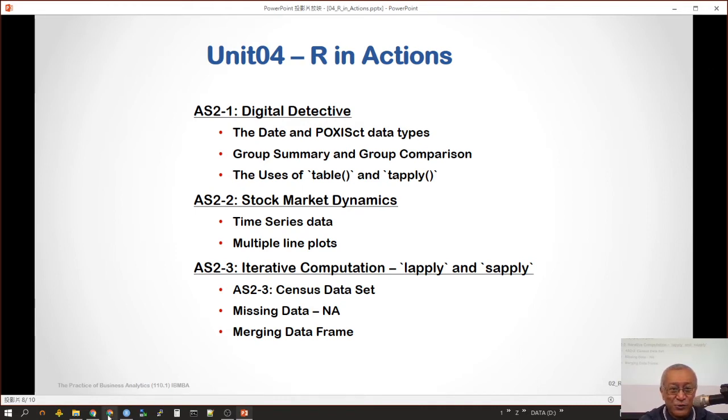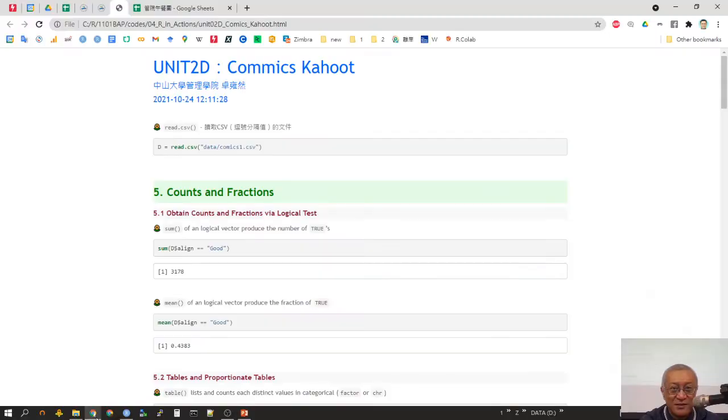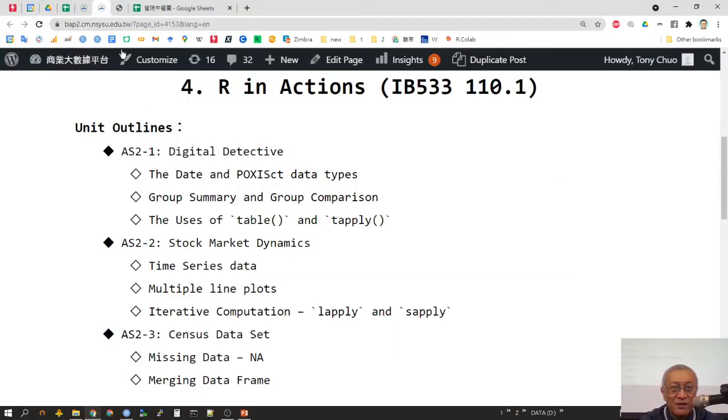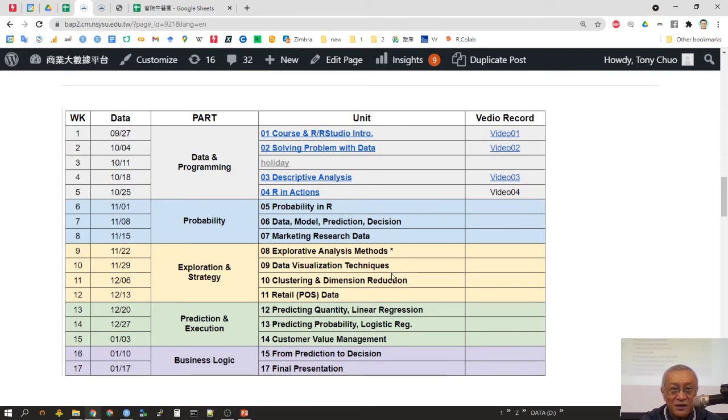If you take a look at our syllabus, it's something like this, right? This week we are doing R in action, and actually we are behind schedule.